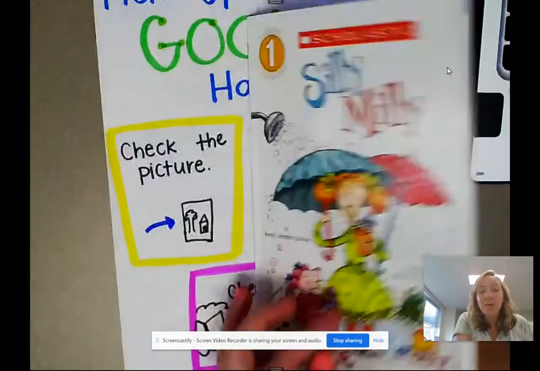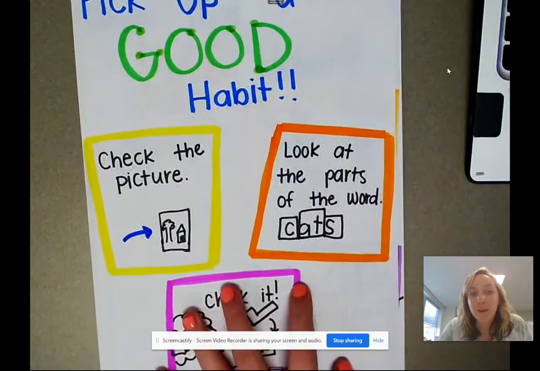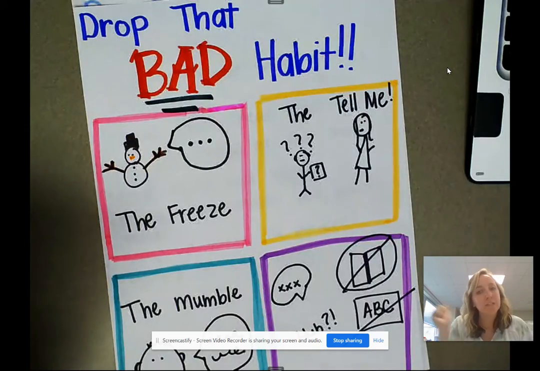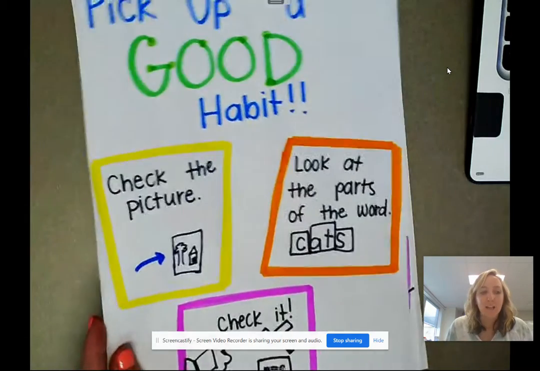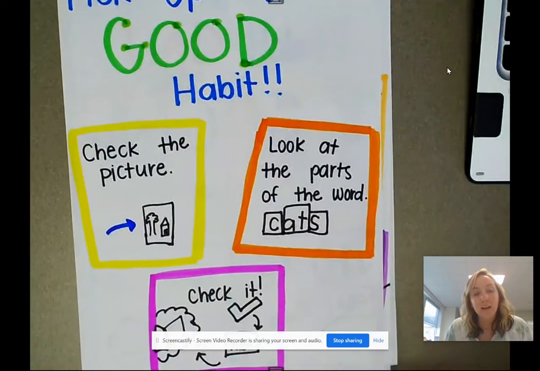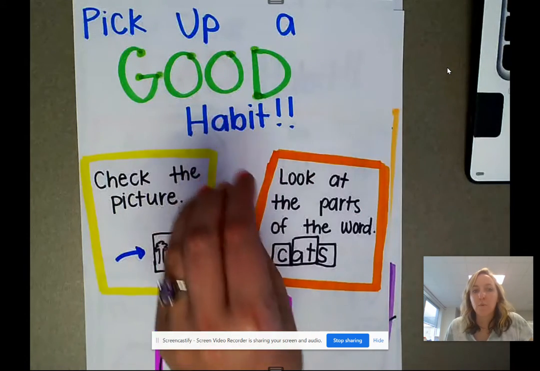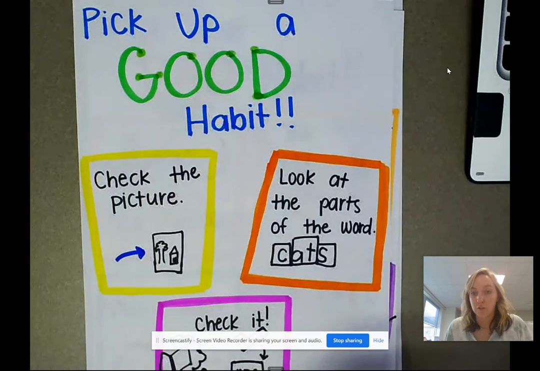So those are good habits that we can pick up, and we are going to drop the bad habits. Now, this isn't going to be just like that. It's going to take lots and lots of practice whenever you are reading. So whenever you are reading, I suggest that you remember the good habits first.